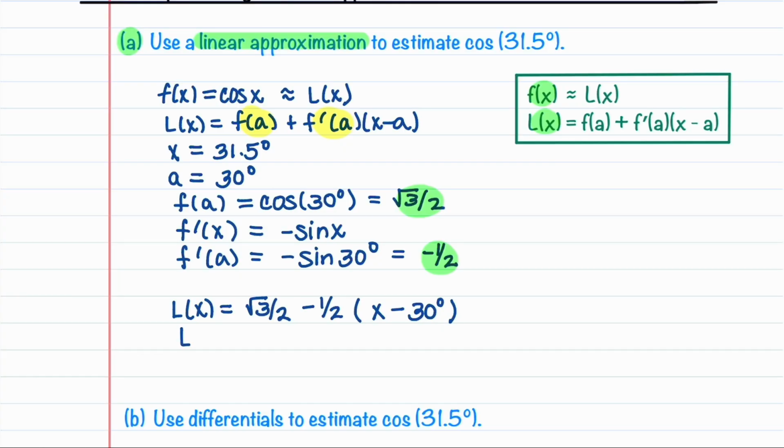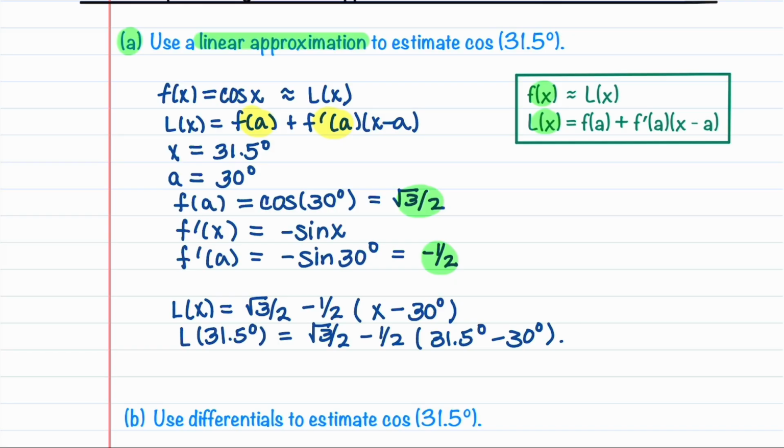Now we want to find L at 31.5 degrees. So this is root 3 over 2 minus 1/2 times 31.5 degrees minus 30 degrees. Now here's where students usually get confused. We cannot have degrees in our answer. Instead, we need to work with radians.